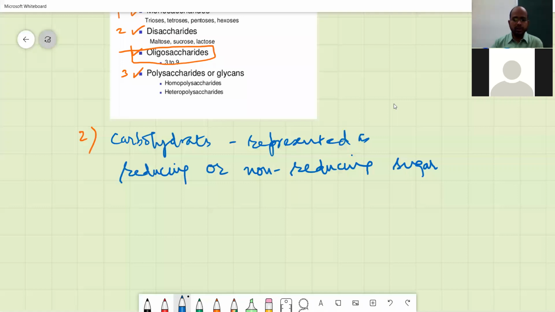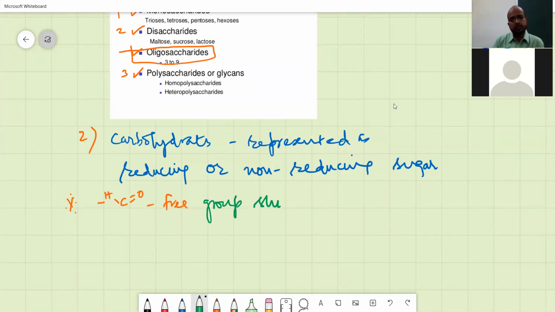Reducing or non-reducing sugar means the main point is that a free C double bond O H group should be there.